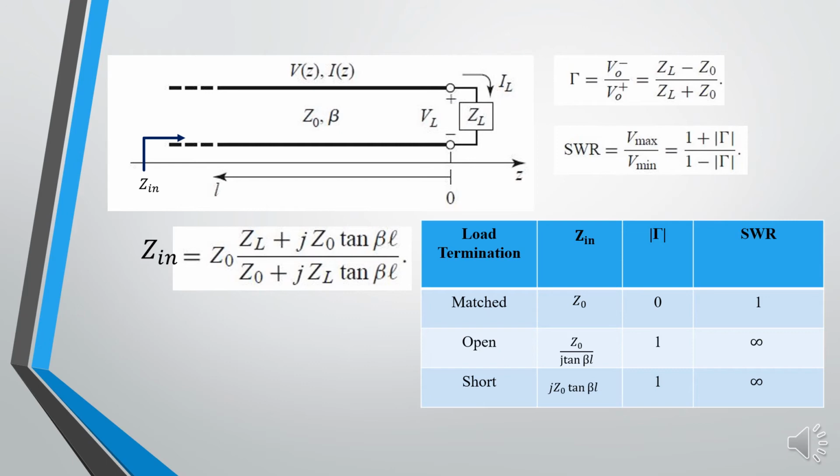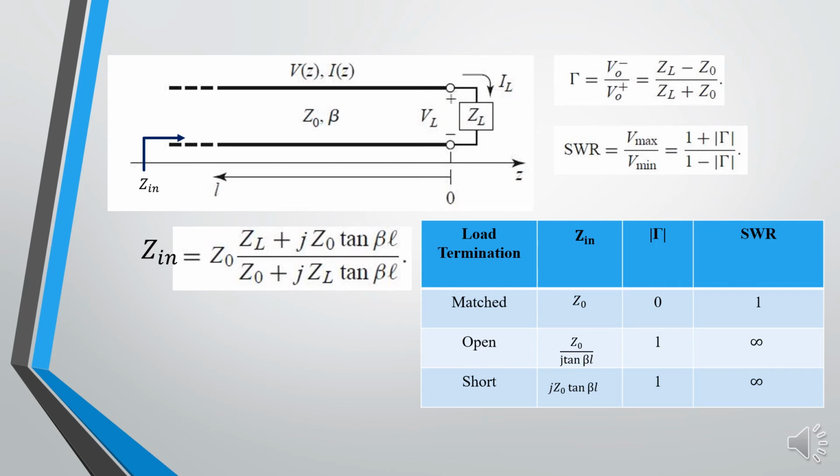When we make ZL equal to 0, the input impedance Zin equals jZ0 tan beta L. A short circuited transmission line of length L can be equivalently called an inductor, because this impedance jZ0 tan beta L is equivalent to j omega L, which is the impedance of an inductor, right?